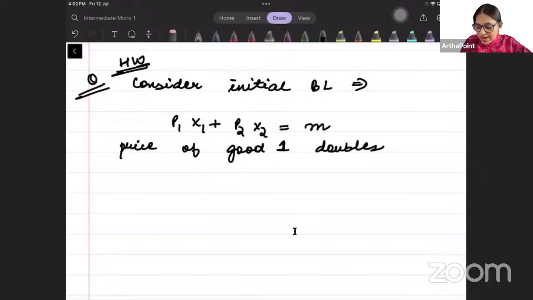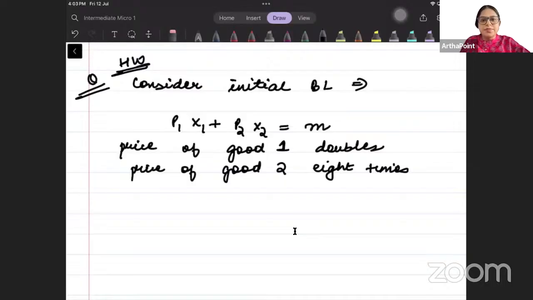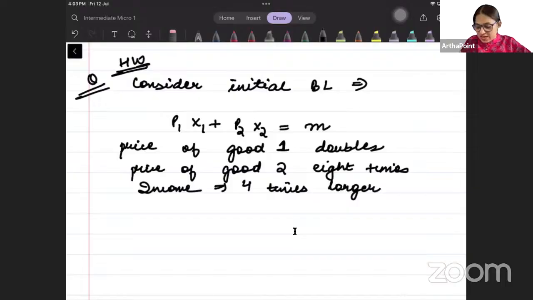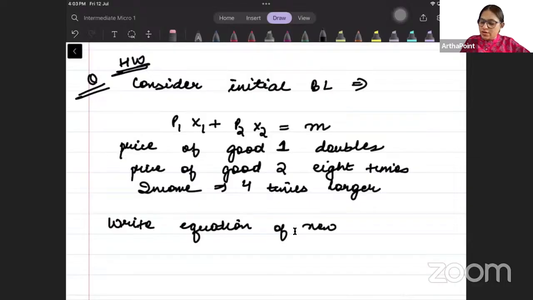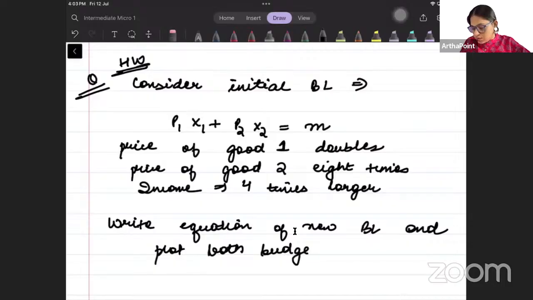Price of good two becomes 8 times. Income becomes 4 times larger. Write the equation of the new budget line and plot both budget lines.